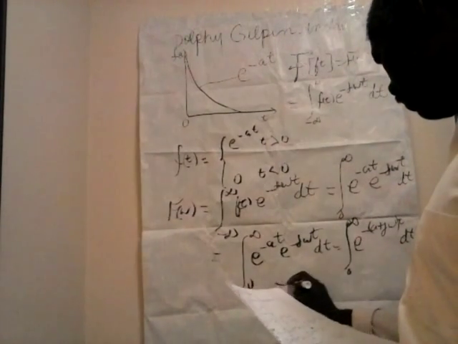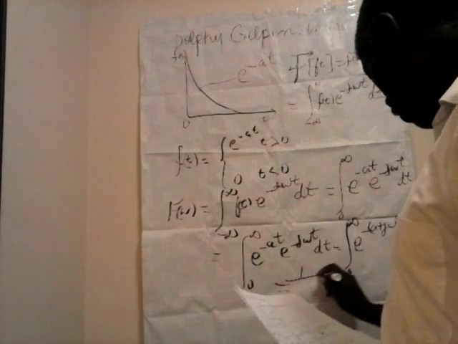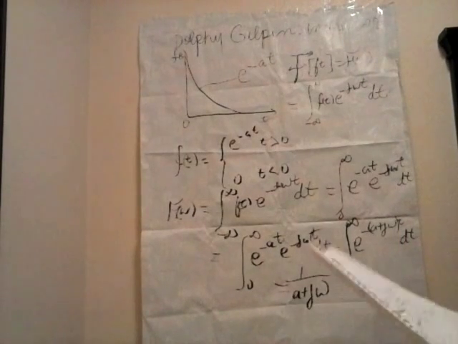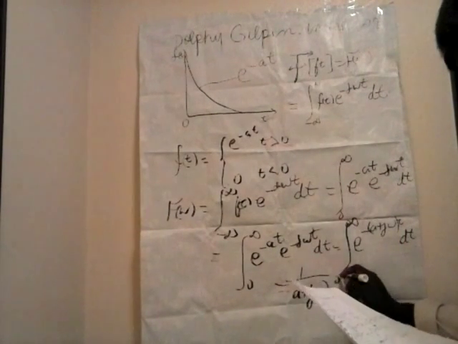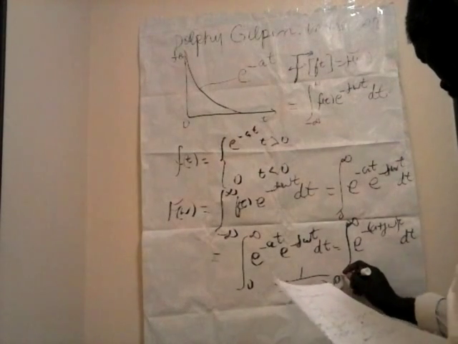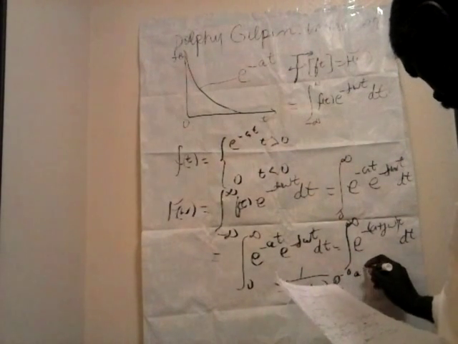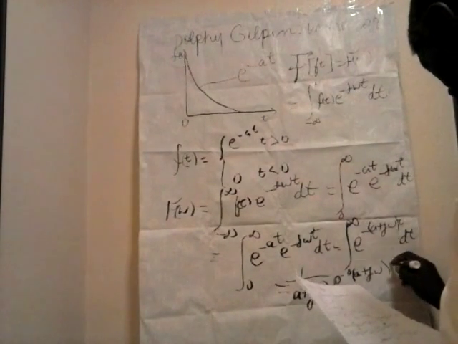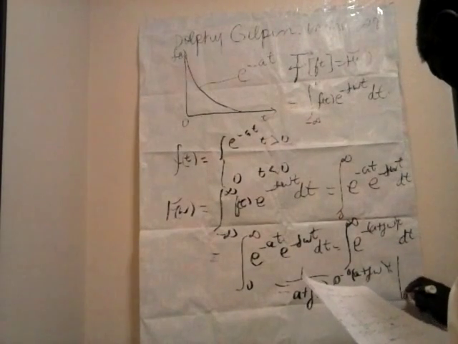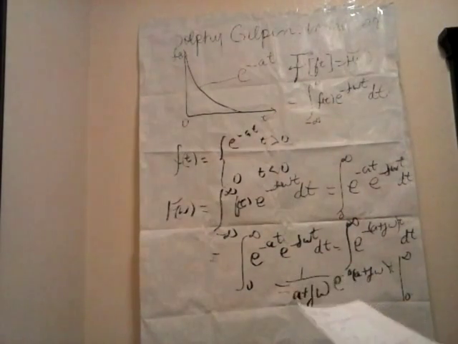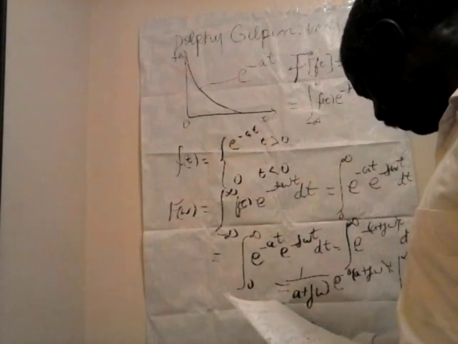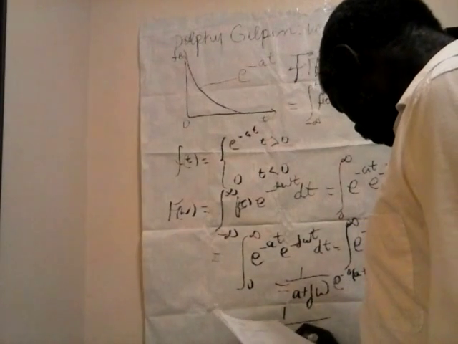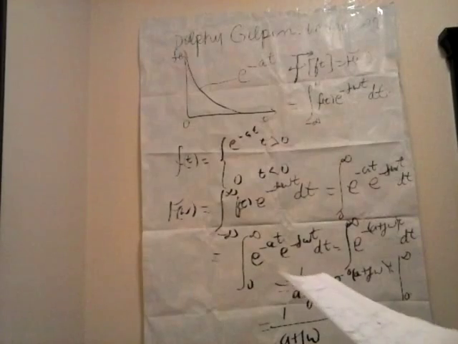And that's equal to 1 over a plus j omega times e to the minus (a plus j omega) t, evaluated between 0 and infinity, and that's finally equal to 1 over a plus j omega.